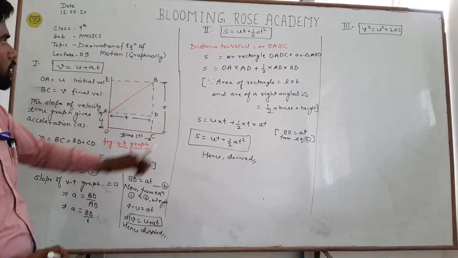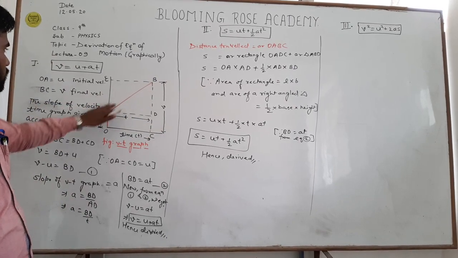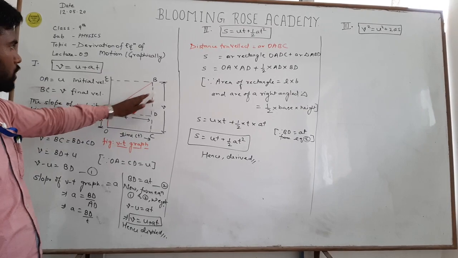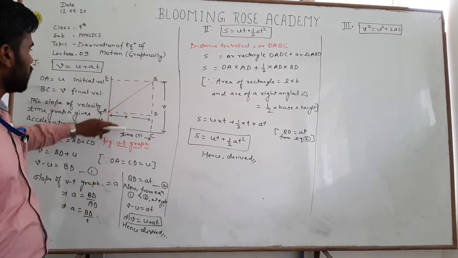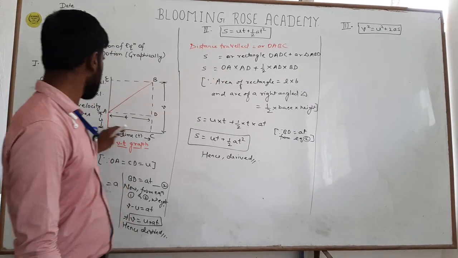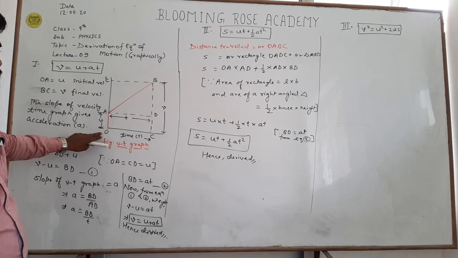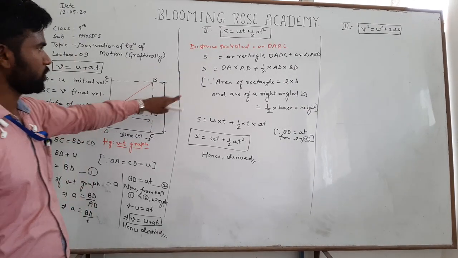So we have also derived the second equation of motion by using the same graph. Here the distance traveled is equal to the area of OABC. Here the area of OABC is equal to the area of rectangle OADC and the area of triangle ABD.